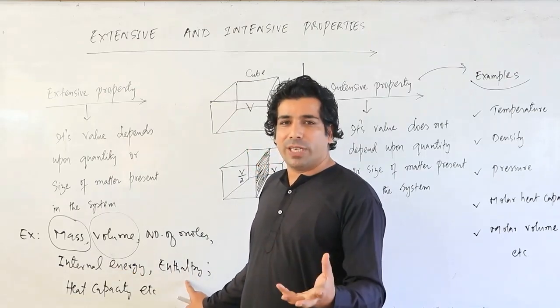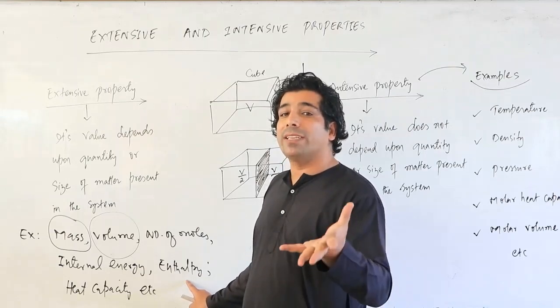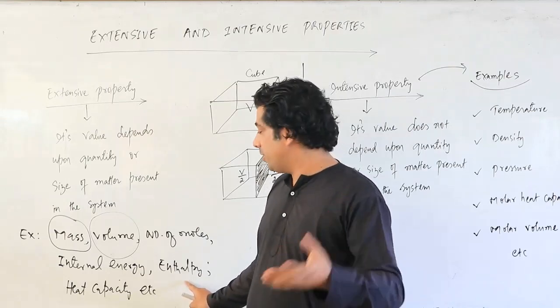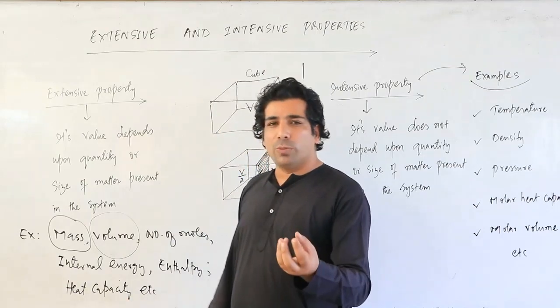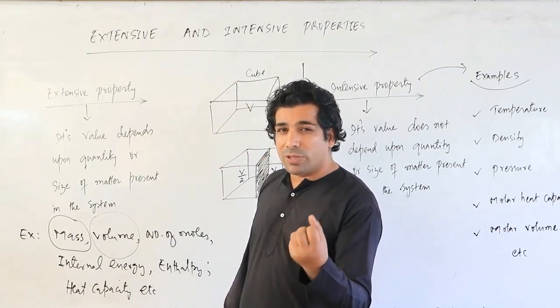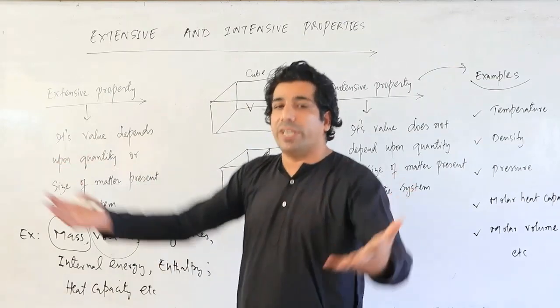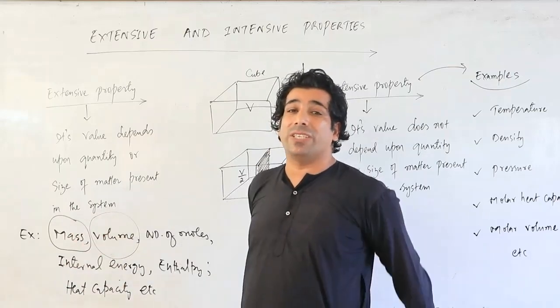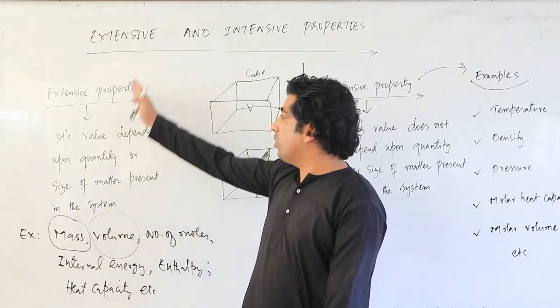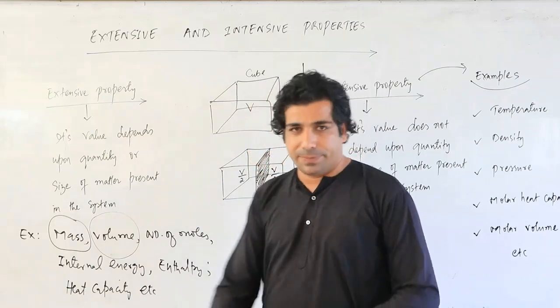Enthalpy, smaller object will have less heat content within it, and bigger object will have more enthalpy, more heat content within it. Heat capacity, small object can absorb a small amount of heat. Bigger object can absorb more amount of heat. So heat capacity will also change with respect to size. So this was about extensive properties, my dear friends. Please make note of this.